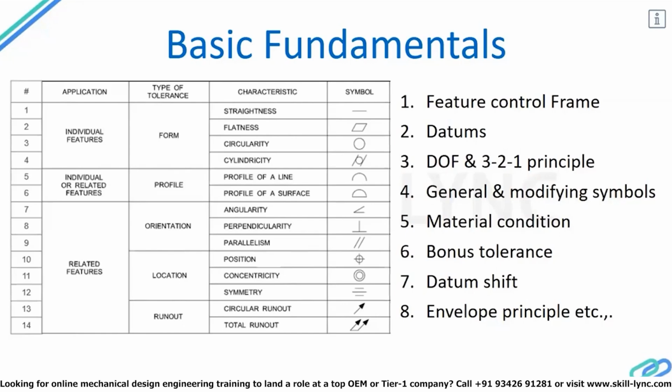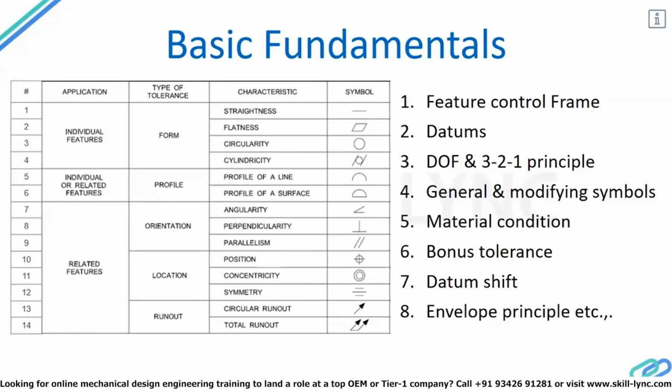Apart from it, there are also other terminologies like feature control frame, datums, degree of freedom, 3-2-1 principle, general symbols, modifying symbols, material condition, bonus tolerance, datum shift, rule 1 or the envelope principle. And there are so many basic terminologies available in GD&T for any user to understand and to equip accordingly in his drawing.